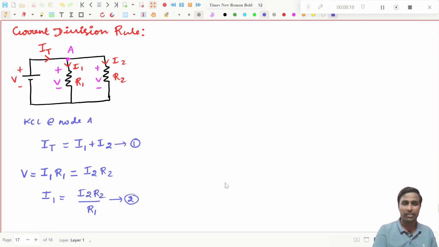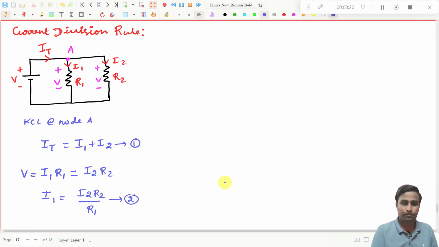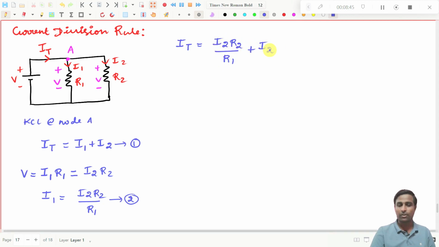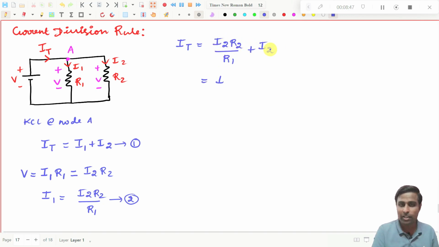Simple. What will you get now? IT will be equal to, instead of I1, I substitute I2 into R2 divided by R1, plus I2. This is how I will get the expression. I2 is here as well as here, so I will take I2 commonly outside.